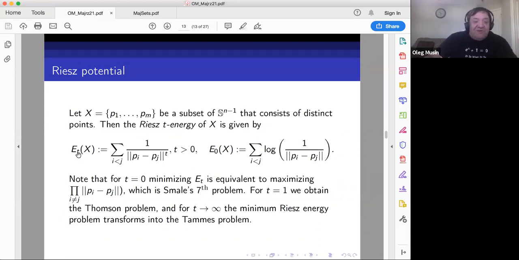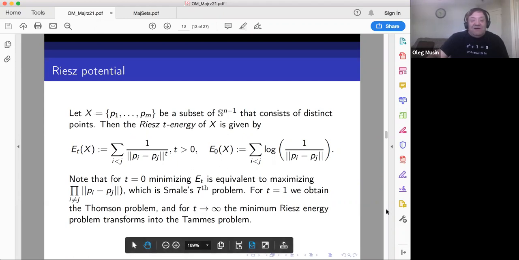Usually here we use s, but s is already taken, so I can't use it. Sorry about that. I'm using the Riesz t-energy. This is the definition of the Riesz potential. It can also be defined for t equals 0, as just the logarithm of one over the Euclidean distance.